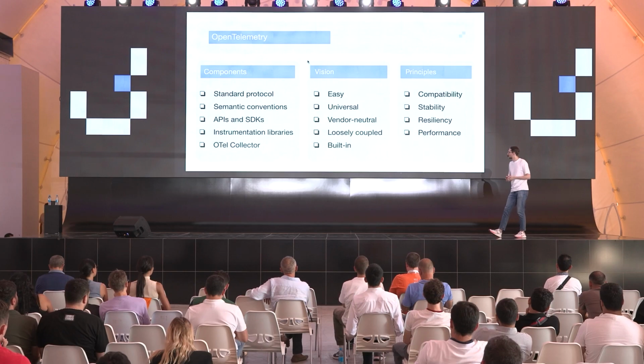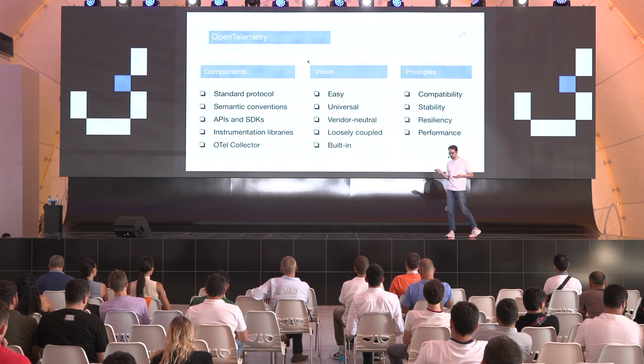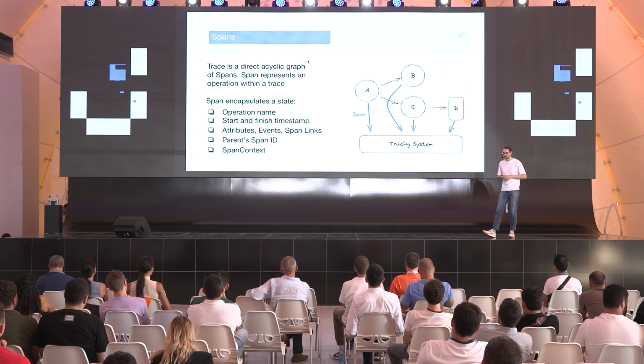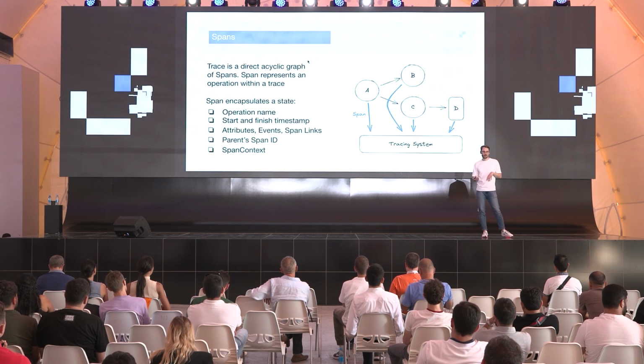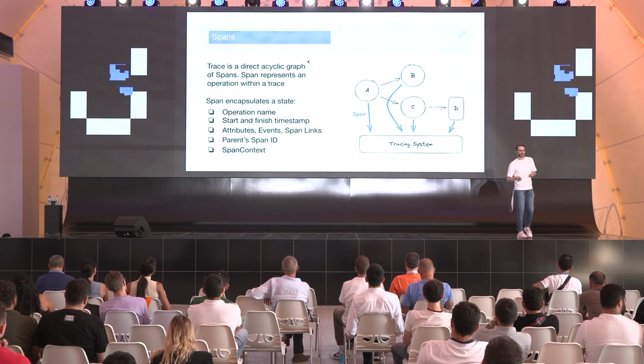Okay, so now let's look at the tracing specification in the OpenTelemetry project. A trace is a directed acyclic graph of spans. A span represents a unit of work.